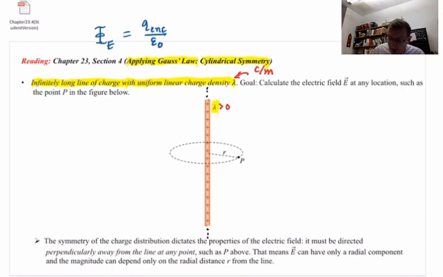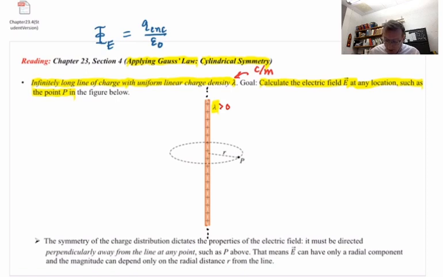Our goal is to calculate the electric field E arrow at any location, absolutely anywhere. We have picked such a location, point P, in that figure. All right? Again, just to have something to think about. But we want to have a formula for the electric field anywhere.